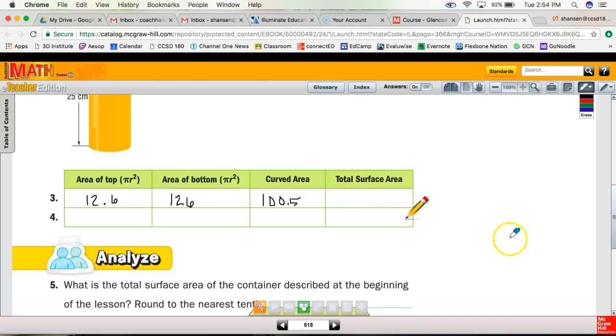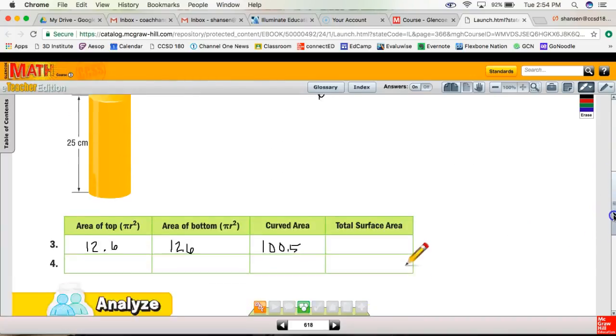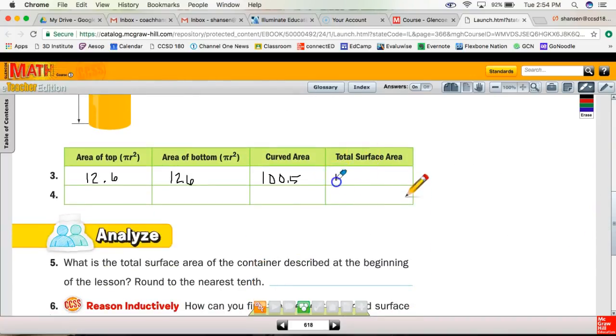And our total area was 125.7 inches squared. These are all inches squared, by the way, because they're all areas. Area, area, area, area. All inches squared for labels.